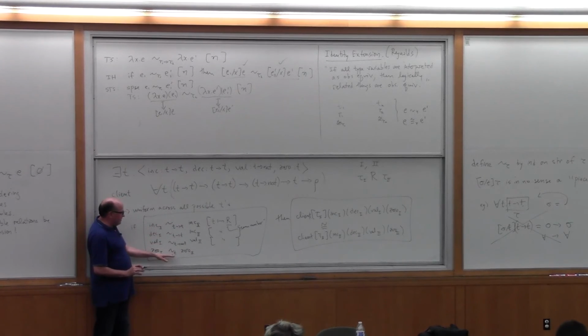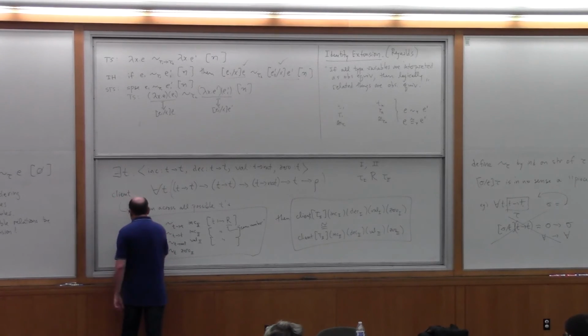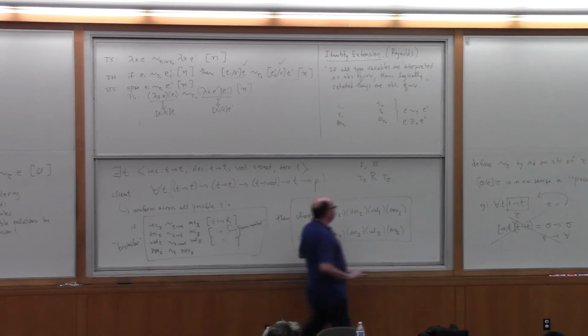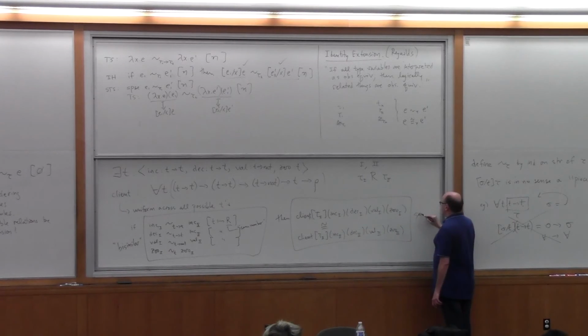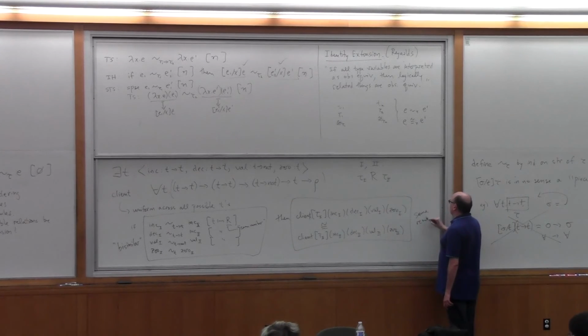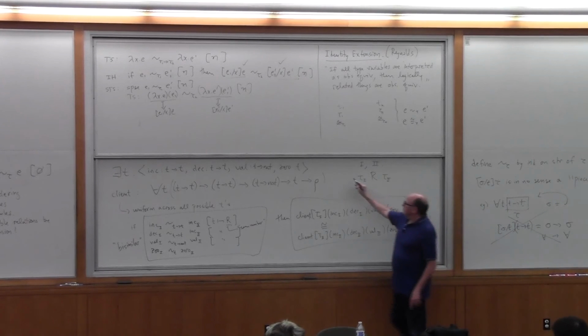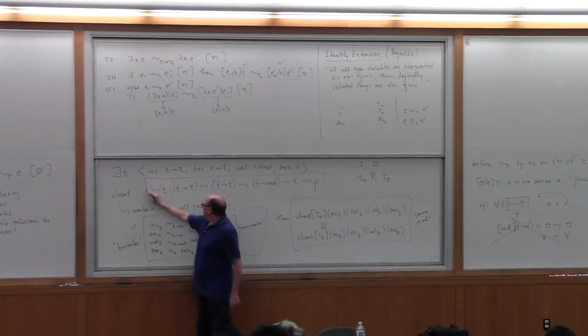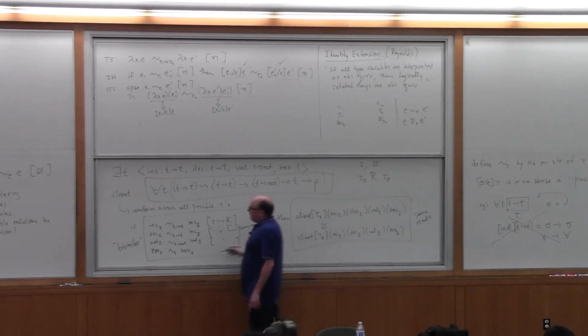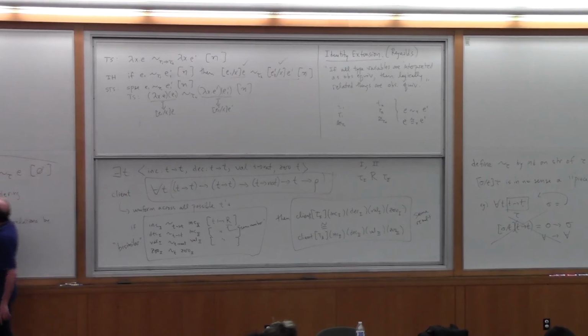If this is the case, this is called bisimilarity. If you give me bisimilar implementations, then I give you identical results. And it's all because the client is polymorphic and we have this big theorem.